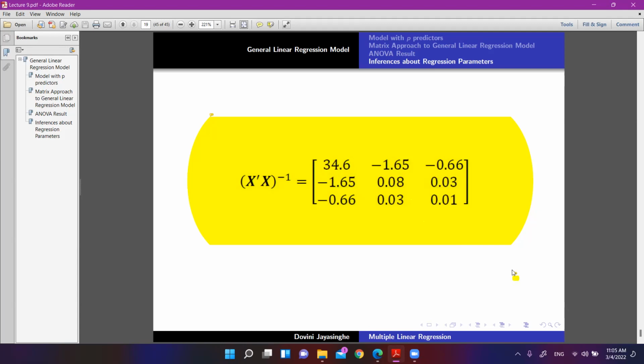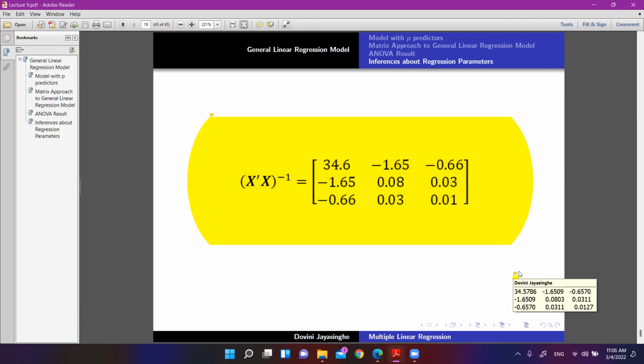Except 34.6, just have 34.5786. Likewise, just write this particular what is there in the comment. You can see where my cursor is. So that is a 3 by 3 matrix. The same thing with increased number of decimal places. I have computed X transpose X inverse to 4 decimal places.